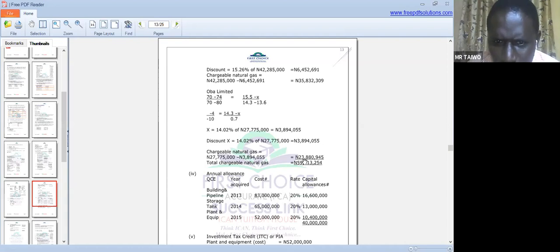So the total chargeable natural gas will now be the addition of OB Limited, which is 35 million, and the other company, which is 23 million. That will give me 59 million. Added together, the 35 million and 23 million give you 59,713,254. That is what you leave in your computation, 59,713,000.